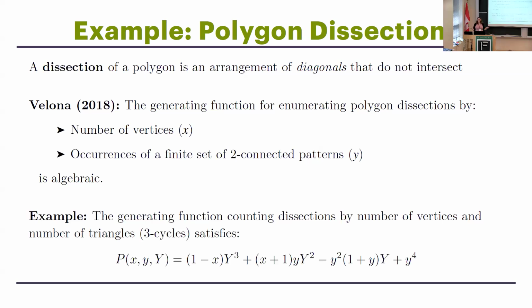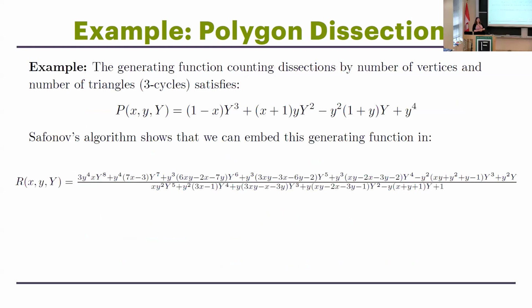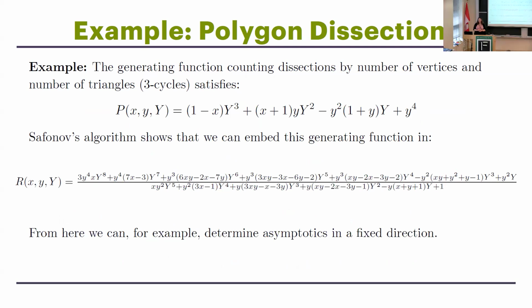An example of this is the generating function counting dissections by the number of vertices and the number of triangles, or 3-cycles. And this satisfies this minimal polynomial here. And we can indeed apply Safonov's algorithm to get an embedding. Now, it's a big embedding, it's a little gross, but it is an embedding as a rational function, and we can indeed determine asymptotics for this in a fixed direction.